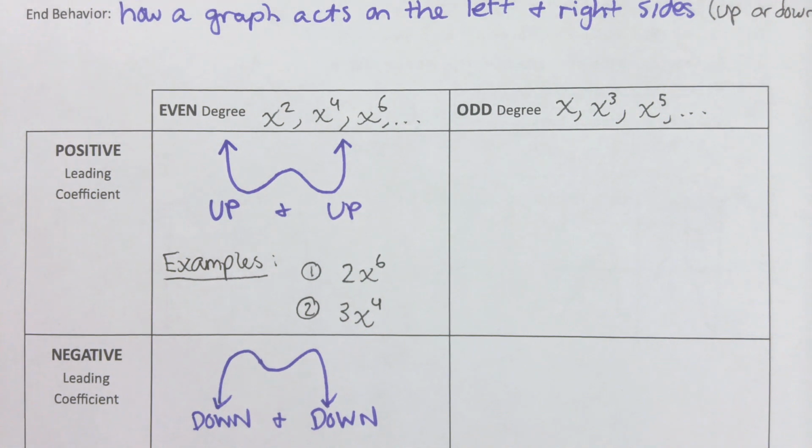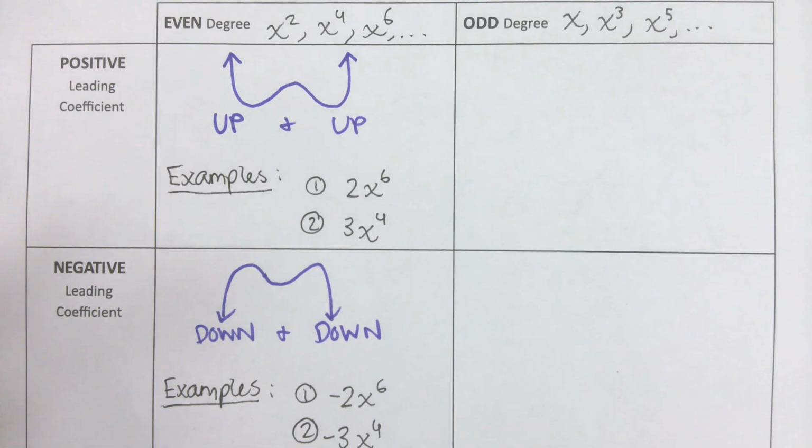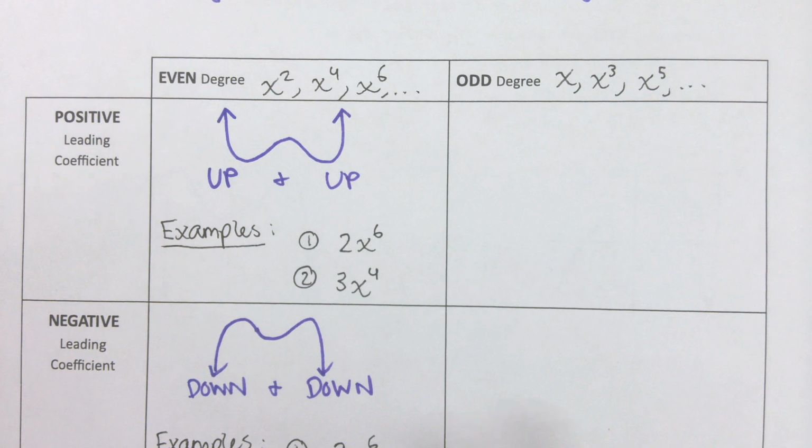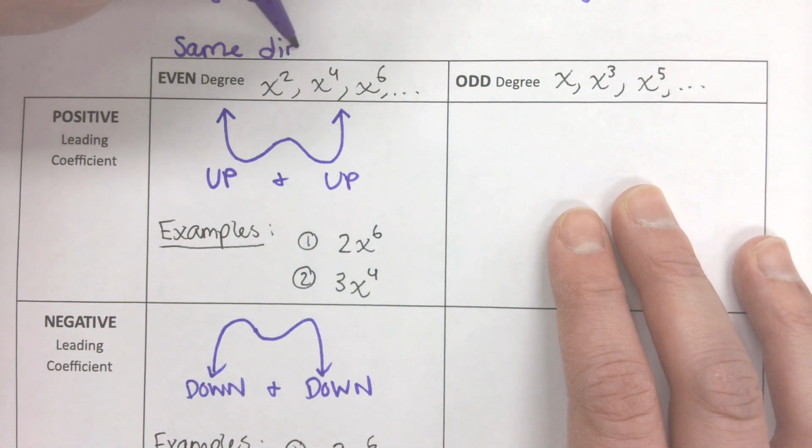So there are patterns that we're going to pick up along the way here. In the even graph, both ends of the graph go the same direction, both up or both down. That is unique to the even degree. So these will go in the same direction if it's even.